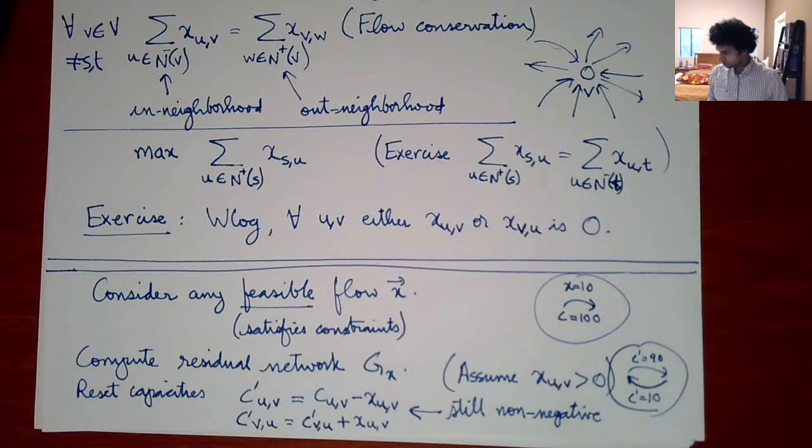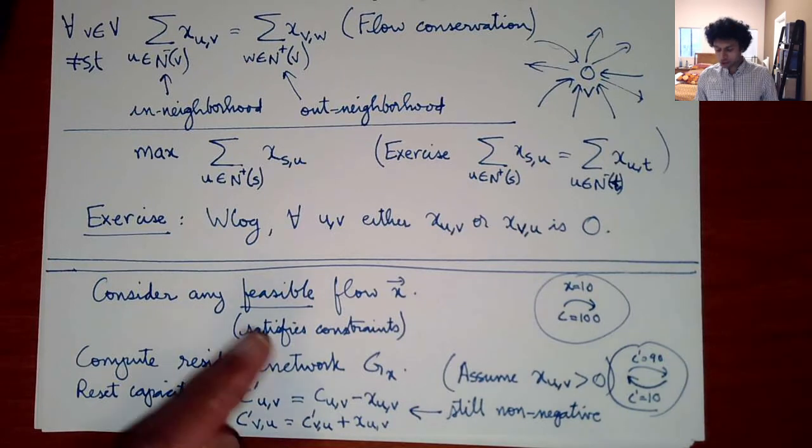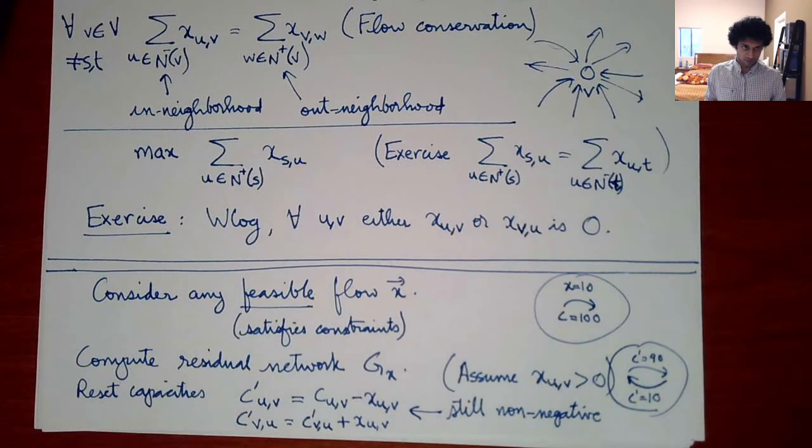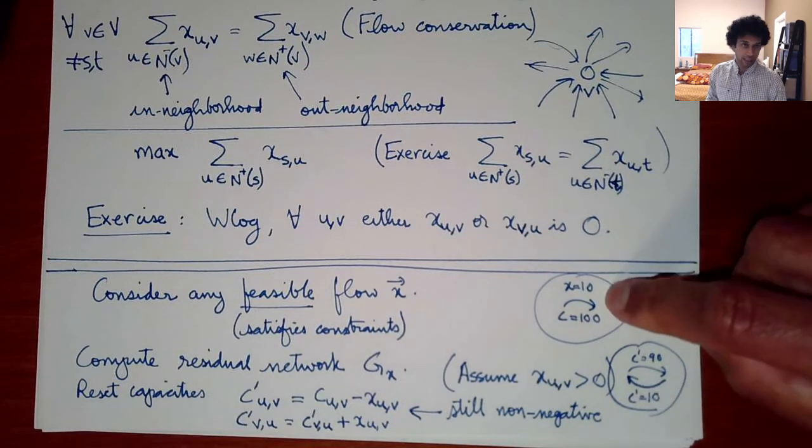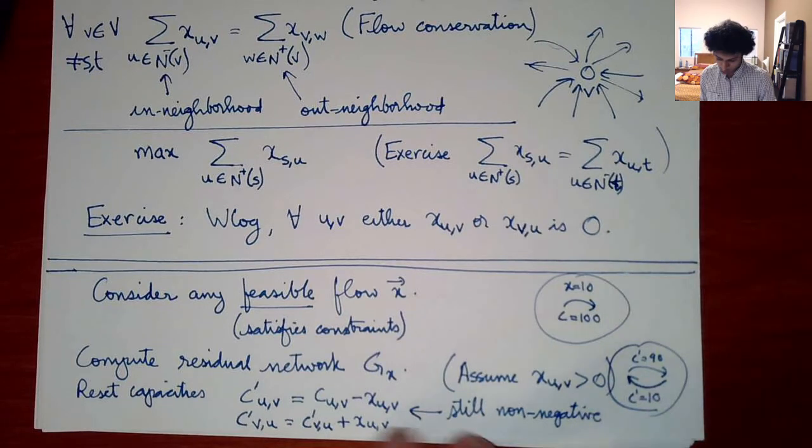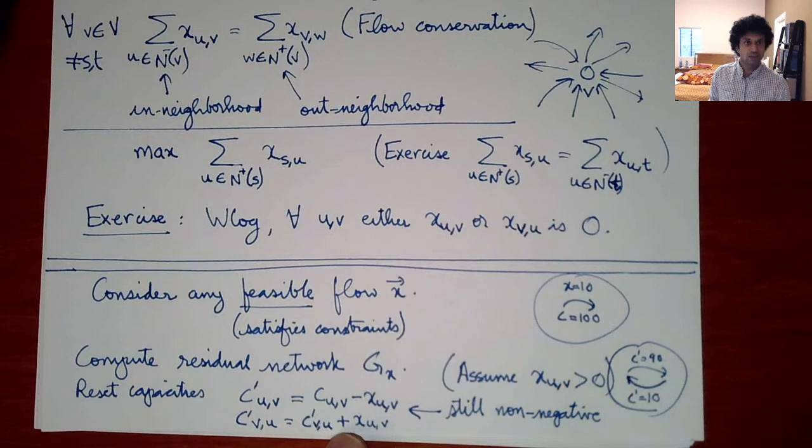Because X UV has to be less than the capacity? Exactly, because it's a feasible flow. You started with a flow that was valid, so X UV has to be less than or equal to the capacity. So when you reduce it, you won't have something negative. And in the second part, we're adding, so the capacity is only going up in the reverse direction. Does this make sense? Any questions about the residual network?